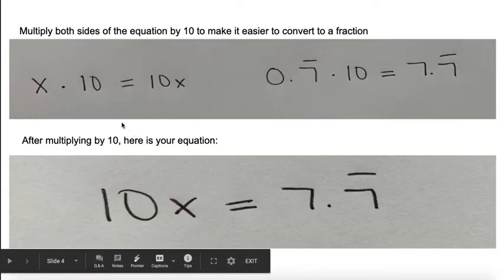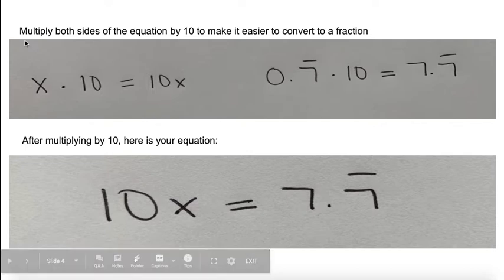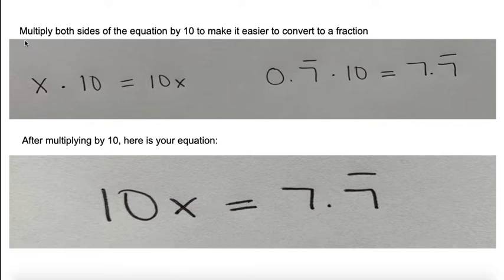So we are going to multiply both sides of our equation by 10 to make it easier in a few steps to convert it to a fraction. The left side of our equation was x, so x times 10 equals 10x. And on the right side of our equation was 0.7 repeating.